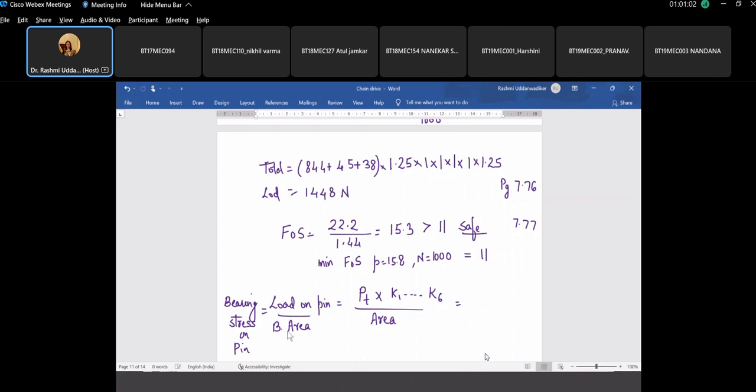The load on the pin is this Ft, the tension in the chain, which is transferred to the pin, multiplied by all these service factors, again upon the bearing area, which is given in the design data book.